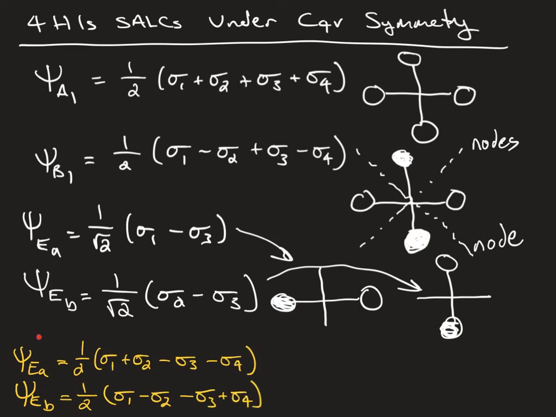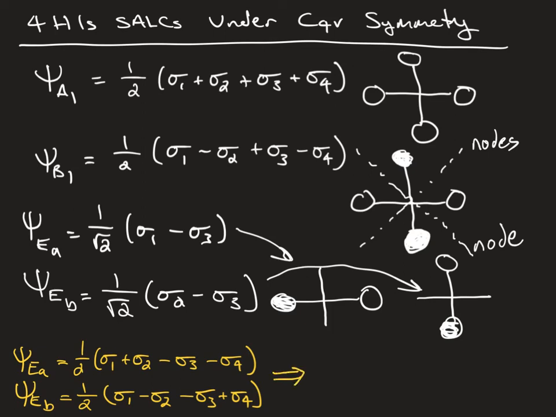So these SALCs here are equivalent to these SALCs here and are valid ways of representing the E-type SALCs from the hydrogen 1s orbitals. These were formed using different basis functions.